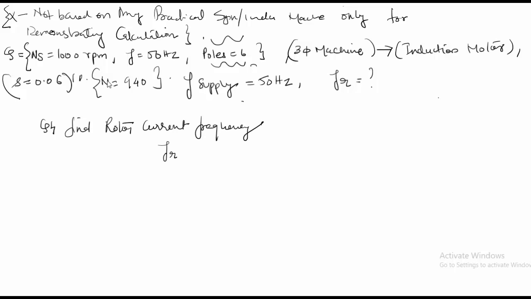So f_r can be given as equal to 0.06, which is slip, into f, so into 50, which comes close to 3 hertz. So this is your rotor current frequency. Based on the frequency of your supply, it's possible to define the frequency of the rotor current.